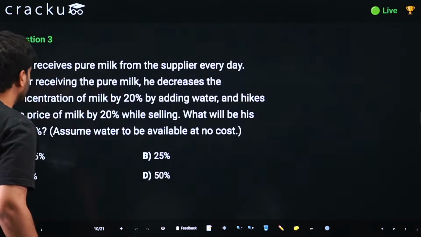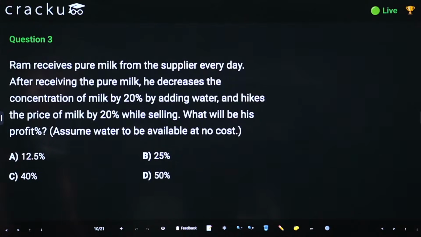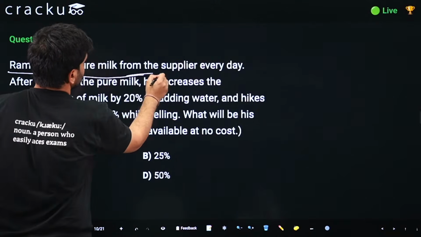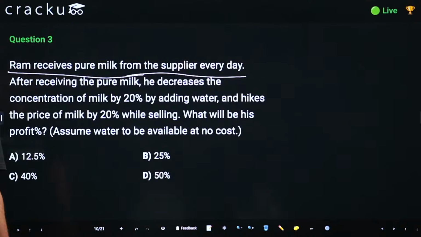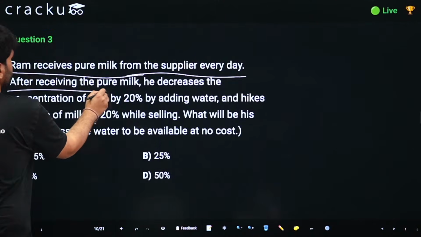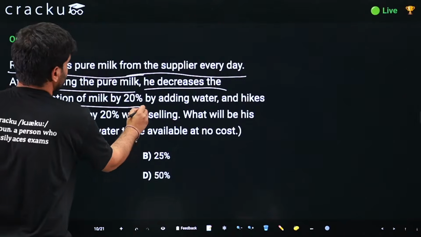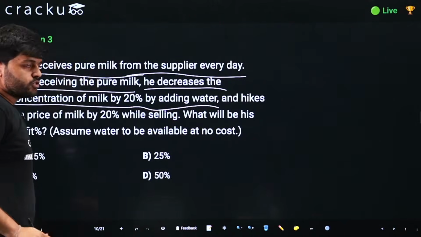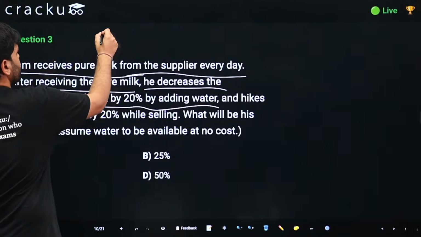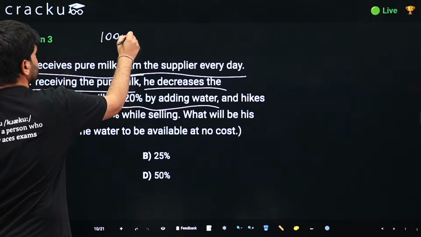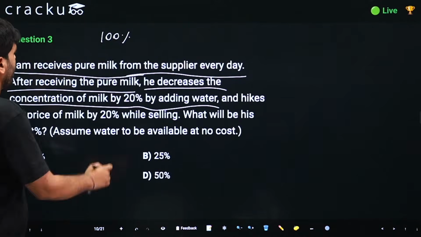Let me solve it. Here it is given that Ram receives pure milk from the supplier every day. After receiving the pure milk, he decreases the concentration of milk by 20% by adding water. So basically, earlier milk was 100% concentration. It was pure milk, it is given.